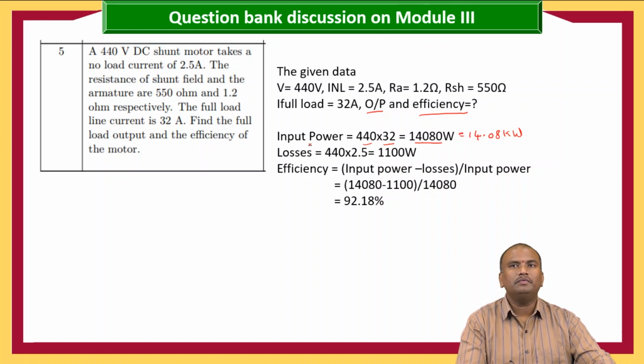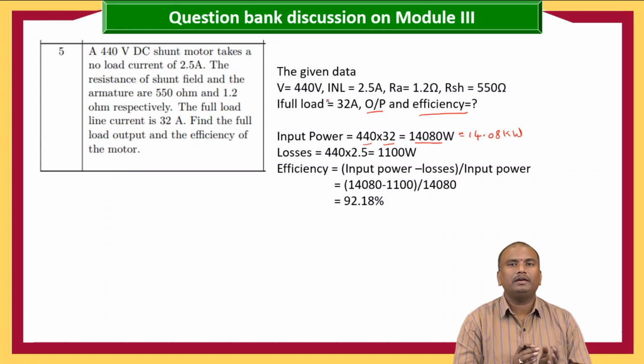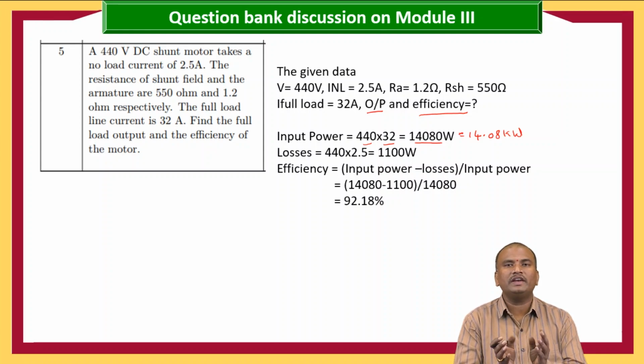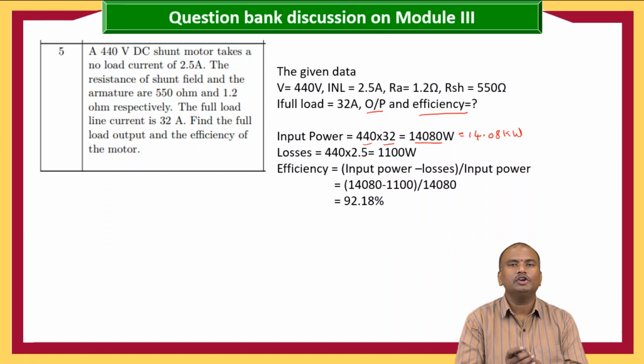Here, when there is no load, whatever input we are providing is going to be wasted in the form of heat in the armature conductors. That is nothing but losses in the machine. So the losses in the machine are equal to 440 into 2.5, which is equal to 1100 watts.